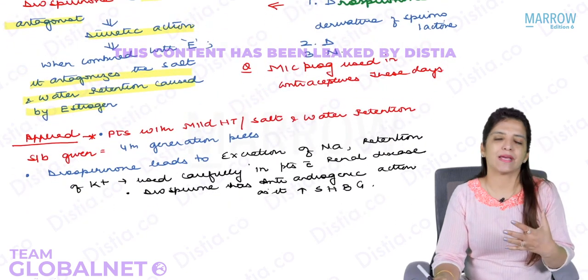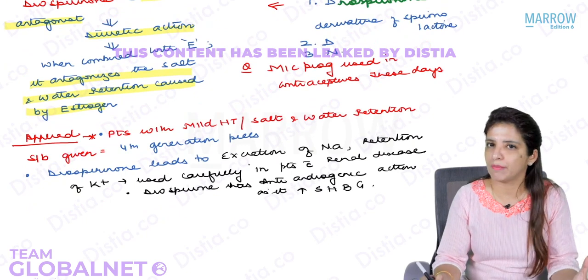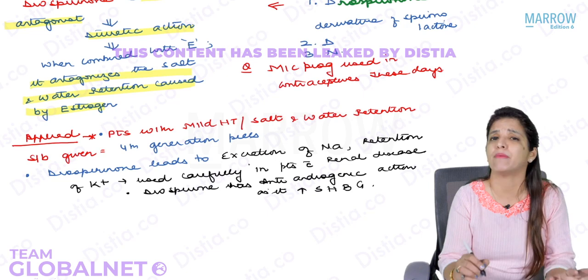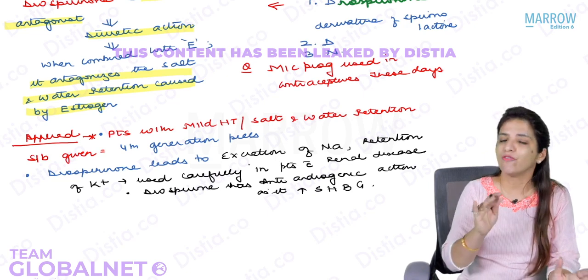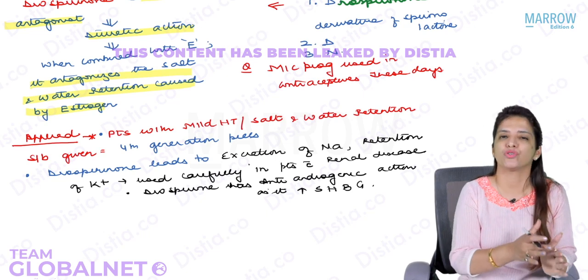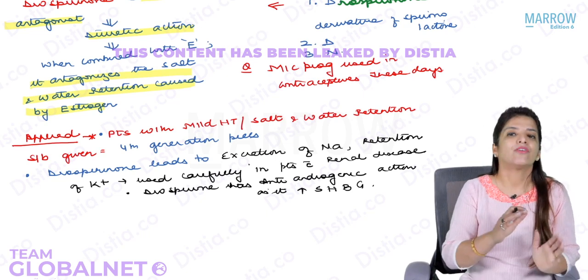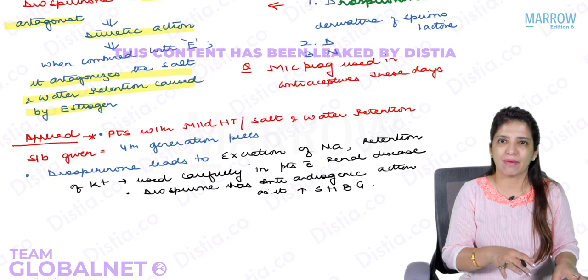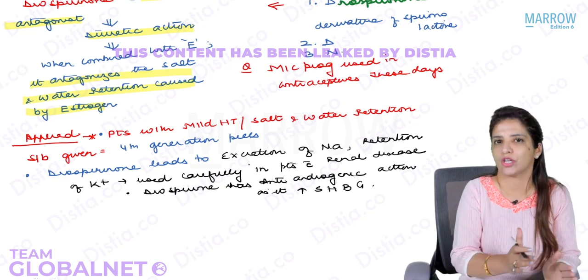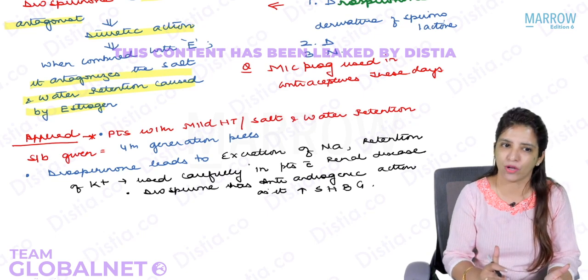Many times when you are giving oral combined pills, because of this salt and water retention, there may be mild hypertension. So if your patient has mild hypertension when using oral combined pills, rather than stopping the pills, it's better that you switch them over to a fourth generation pill containing drospirenone.